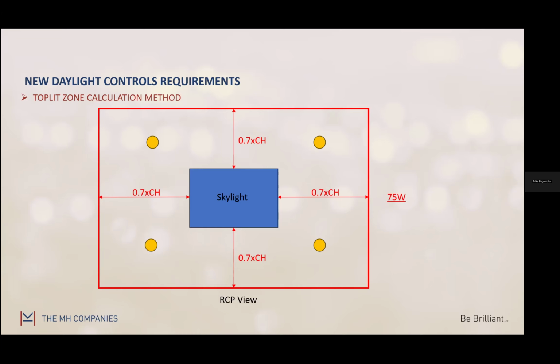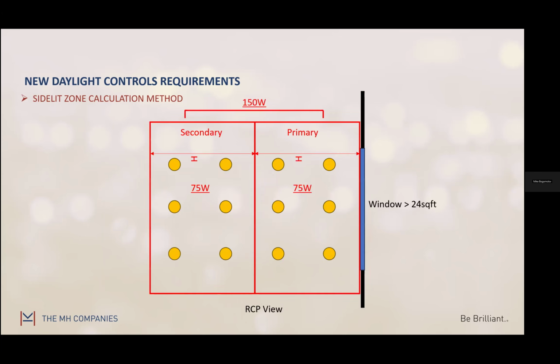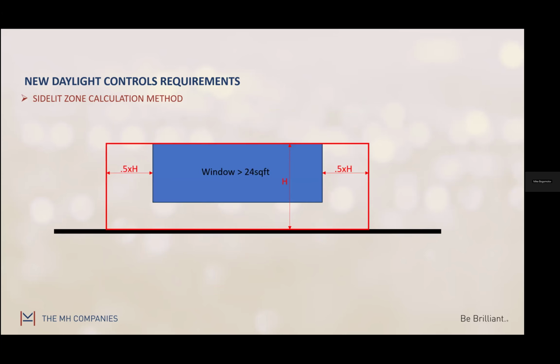One thing I did forget to point out here with the window zones. Let's go back real quick. When you're doing this calculation from side to side, let's just say that height was 8 feet tall.